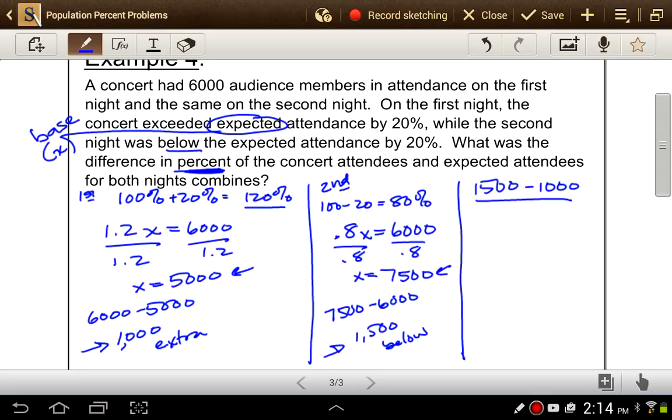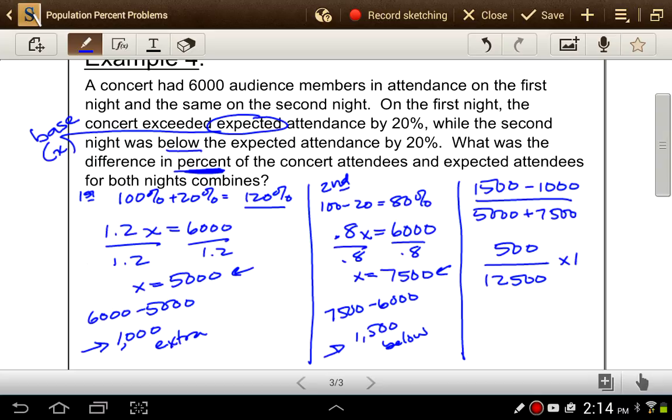So that's going to be 5,000 plus 7,500. So we had 500 people below what we wanted out of the 12,500 we were expecting. Okay, we only had 12,000 of the 12,500 people that we wanted.